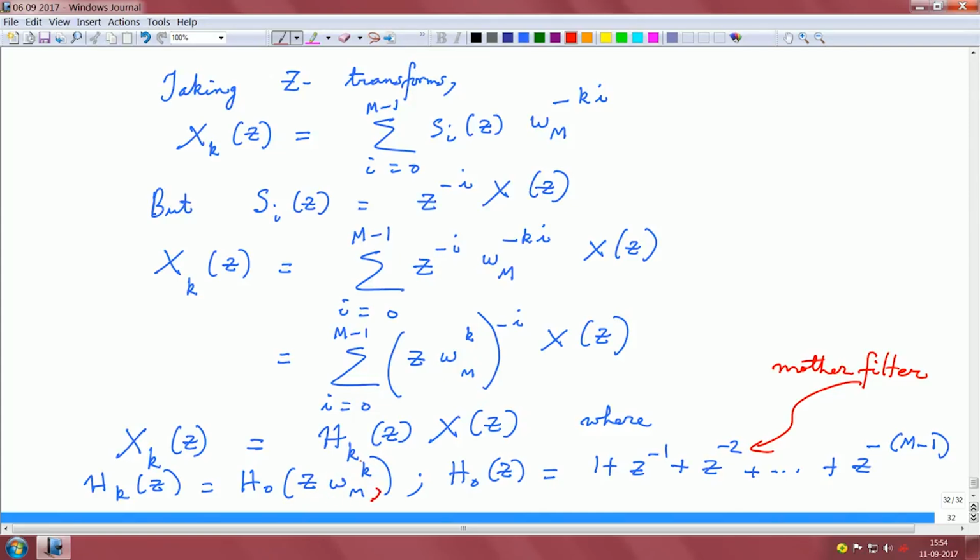By having a modulation term, this is basically a modulation factor, we can construct the rest of the filters from the mother filter. So what this shows is the following.